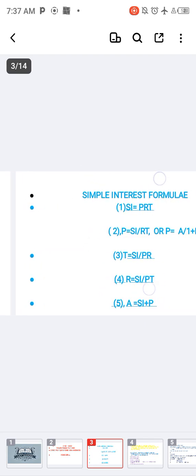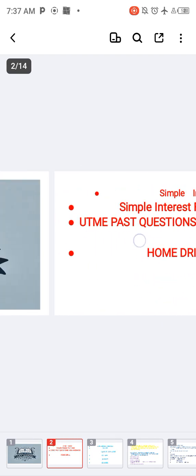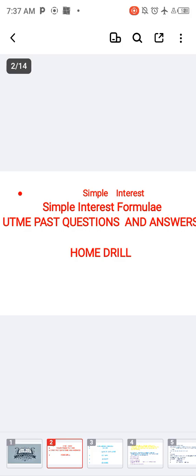Now, the area we are going to concentrate on in this tutorial is the simple interest formula. We attempt some past questions, and we also give you home drills.